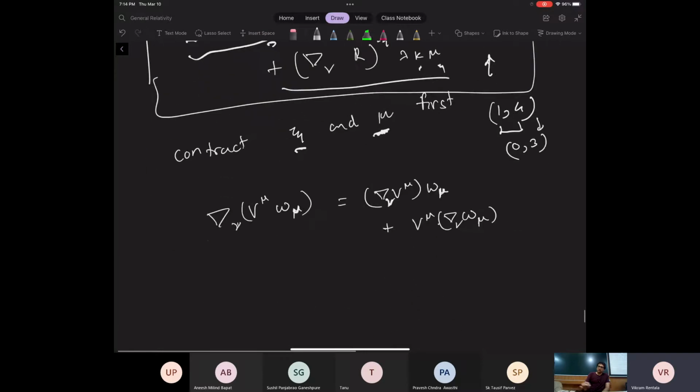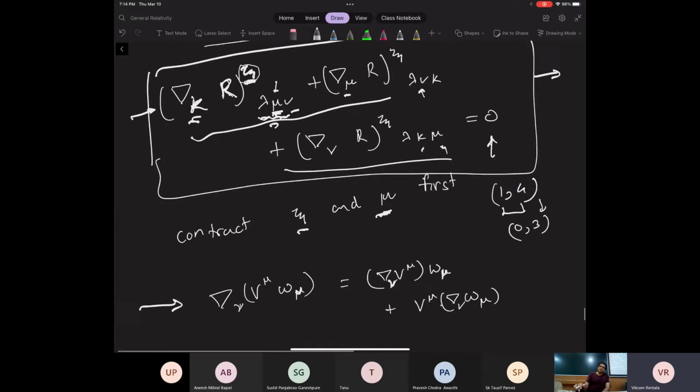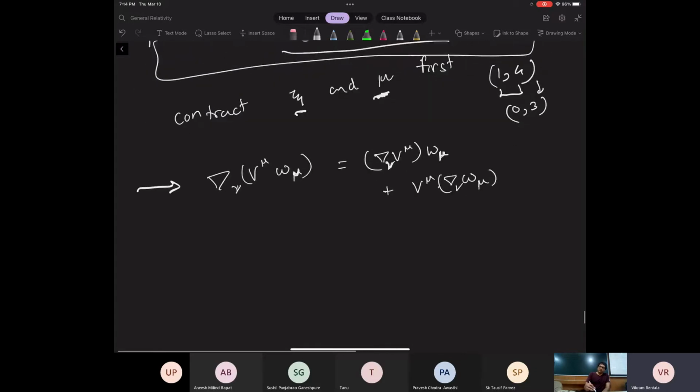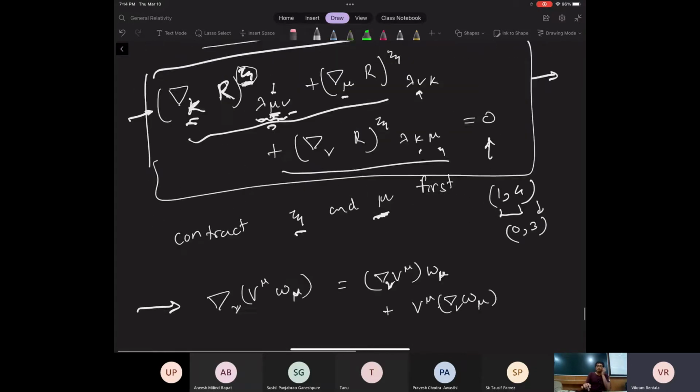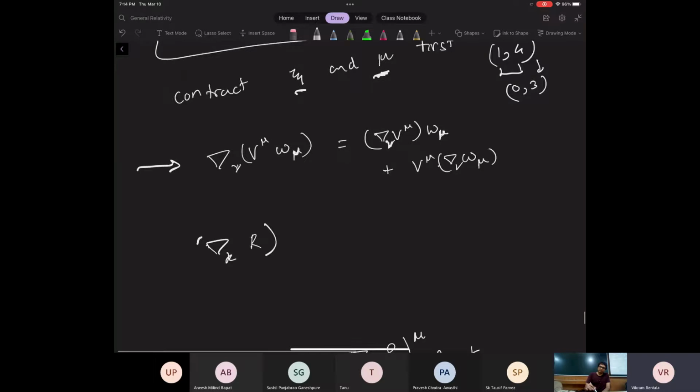Now if this is true, what this means for the first term is that under a contraction, what we have is the derivative of kappa of the Riemann tensor, a tensor of type 1,4 which has these indices lambda mu.